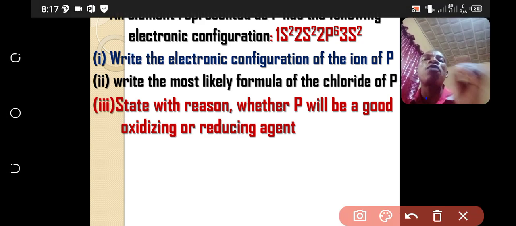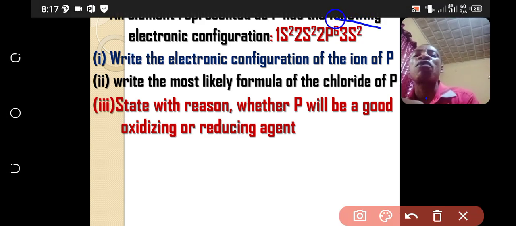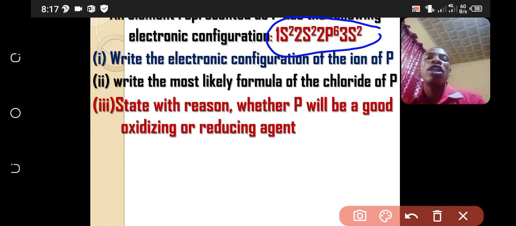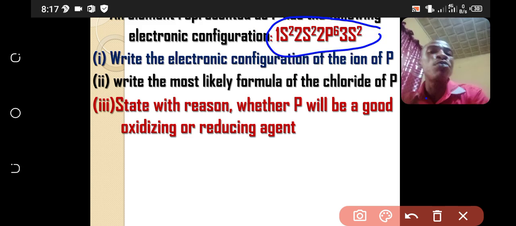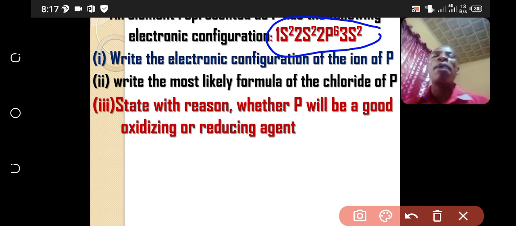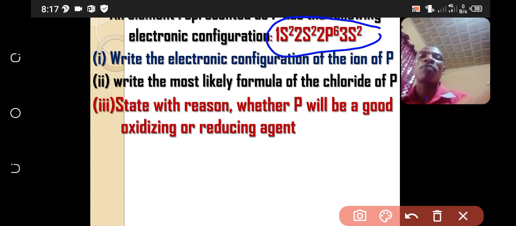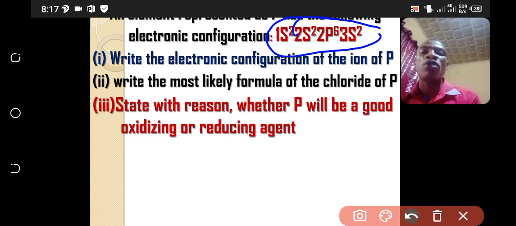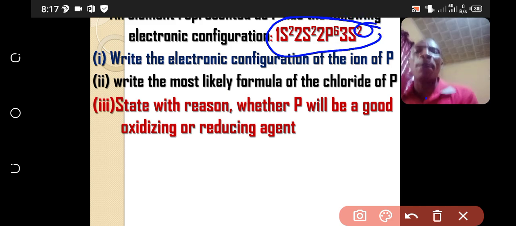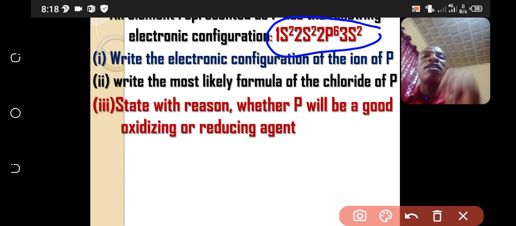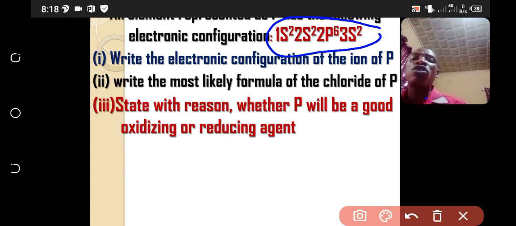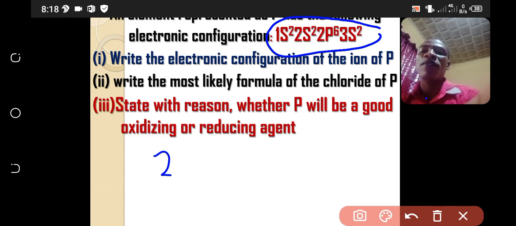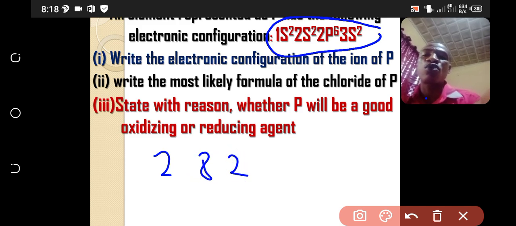First, I'm going to convert this configuration into electron distribution. That gives 2 electrons plus 2 making 4, plus 6 making 10, plus 2 making 12. So that element has 12 electrons, and you configure it as 2, 8, 2.